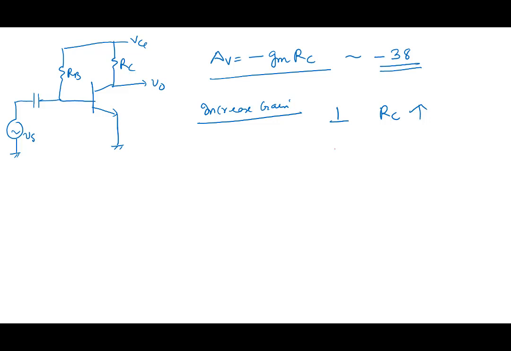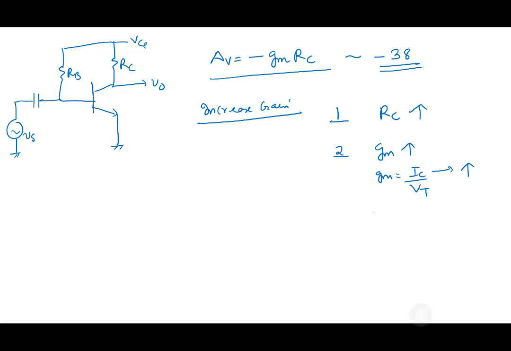There are only two factors, so obviously you should say increase GM. But what is GM? IC by VT. We are not changing temperature and all that, so it implies that we increase IC. So how do I increase IC?